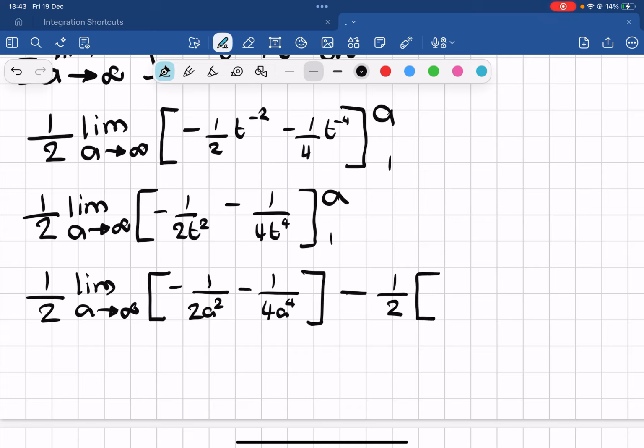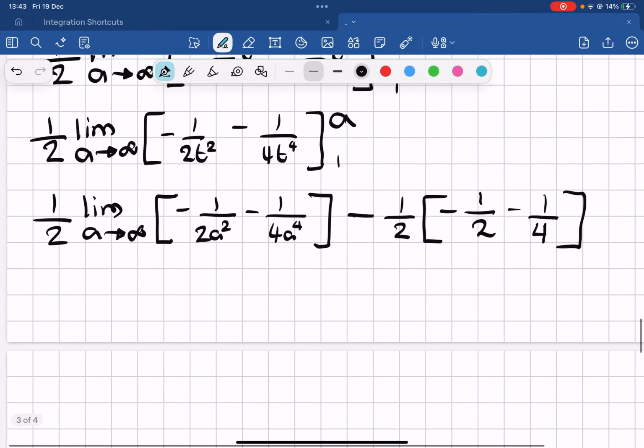And now we're evaluating our lower bound, which is minus 1 over 2 minus 1 over 4 times 1 to the 4, which is just minus a quarter.